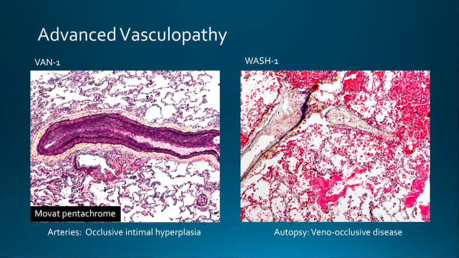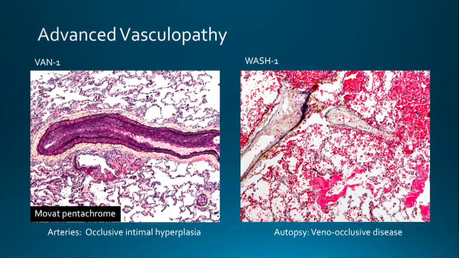So on the left, what you're looking at is a pulmonary artery, and this particular stain, called a Movat pentachrome stain, nicely highlights the normal wall thickness of the artery, which is where the black lines are, and then all the middle area, which is filled in by this kind of purple, brown or reddish material. That's all intimal hyperplasia of the vessel. So very abnormally thickened, not allowing a lot of blood flow.